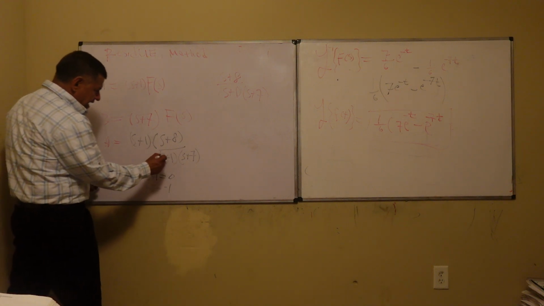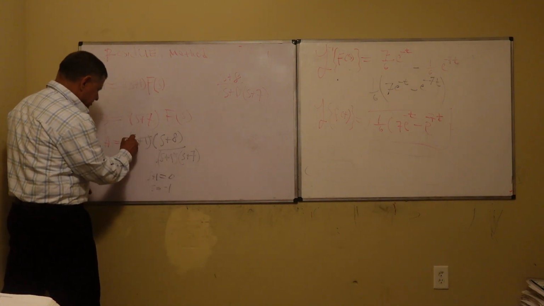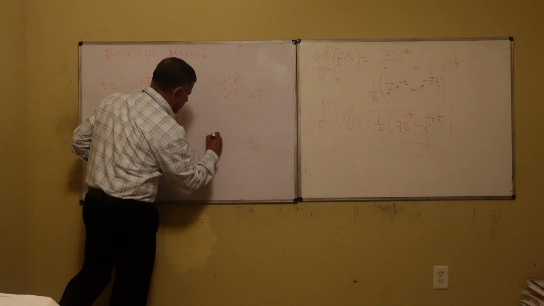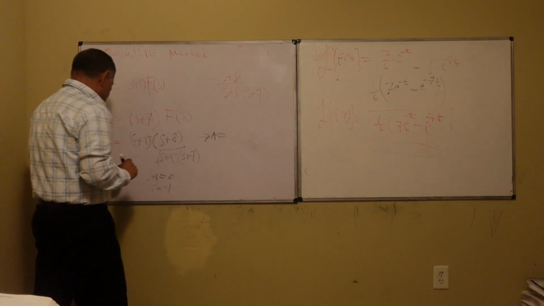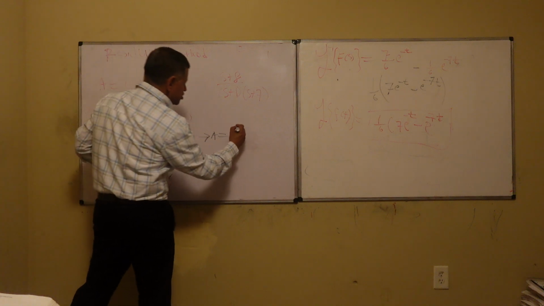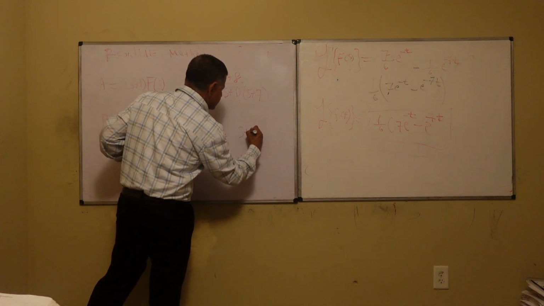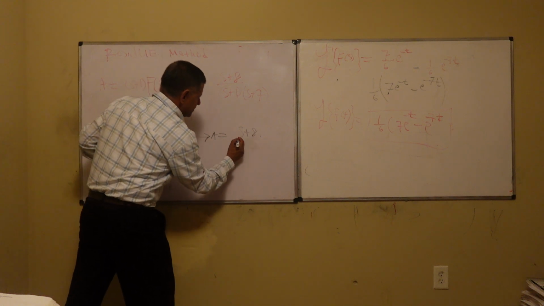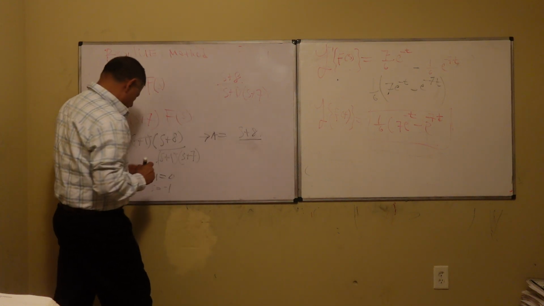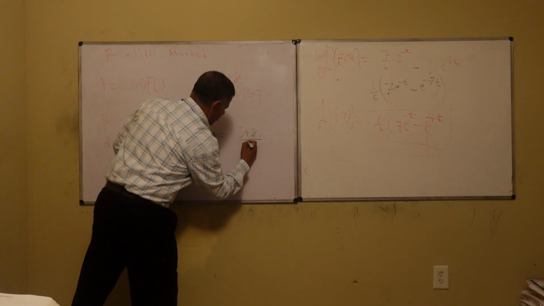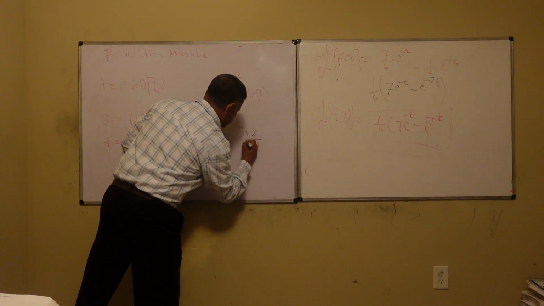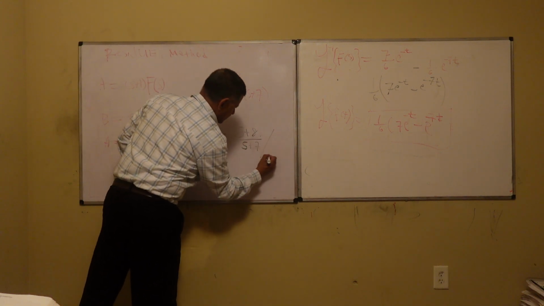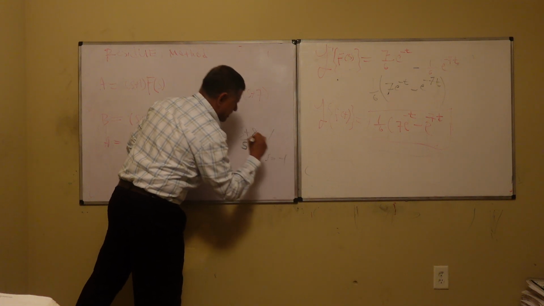Look at this. This guy cancels out with this, right? So now A is equal to the following. A is going to be equal to S plus 8 over S plus 7, when S equals negative 1.